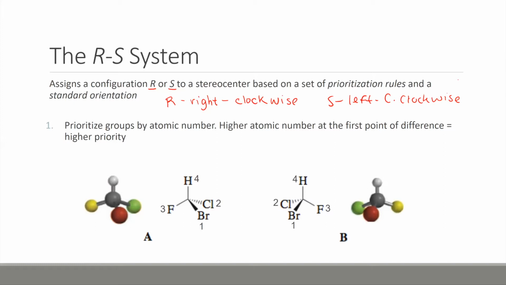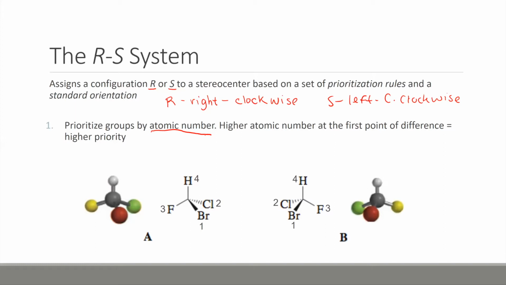So this example here is pretty straightforward. You can see we're looking at a fluorine, a bromine, a chlorine, and a hydrogen. And again, we're going by their atomic number. The bigger the atomic number, the more priority they get.